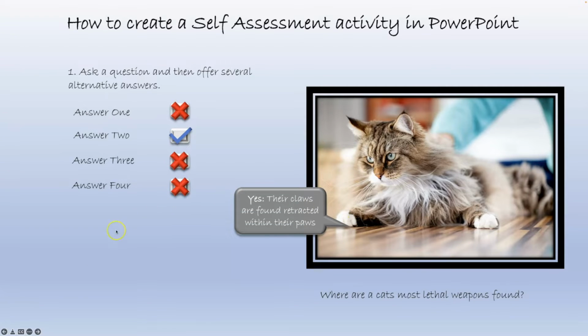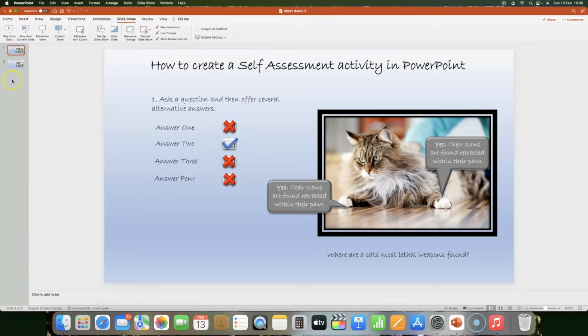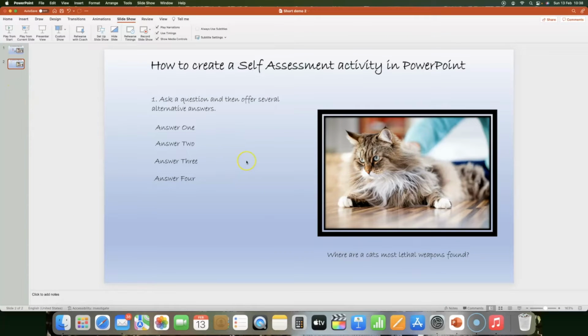So, how do we do this? I've got a slide here to show you how to set it up. The first thing I'm going to do is go to Insert. I'm going to insert a shape.